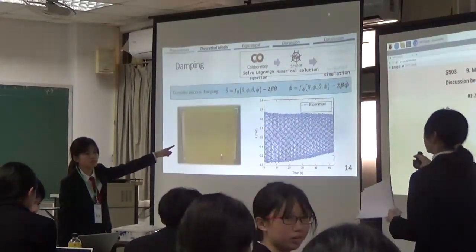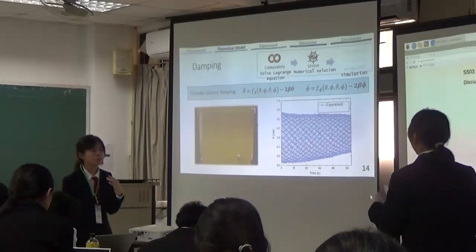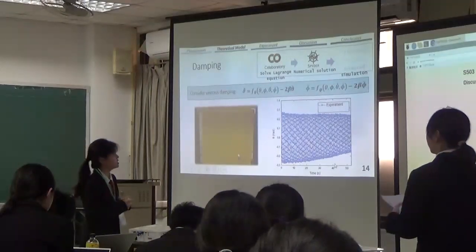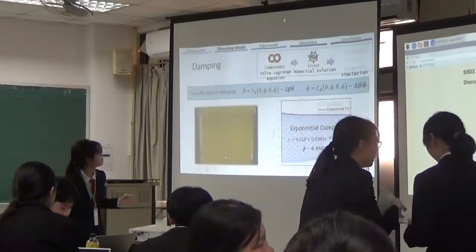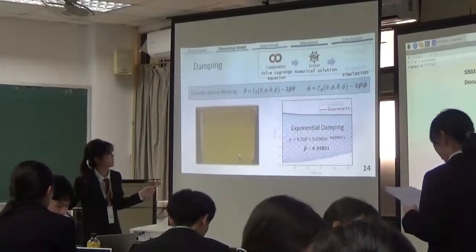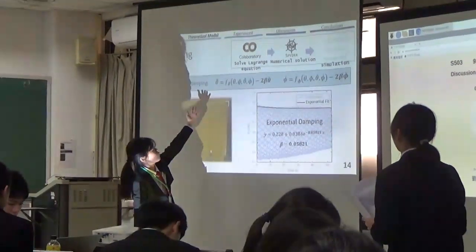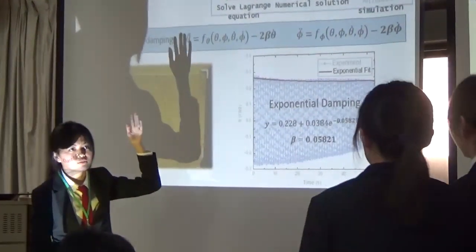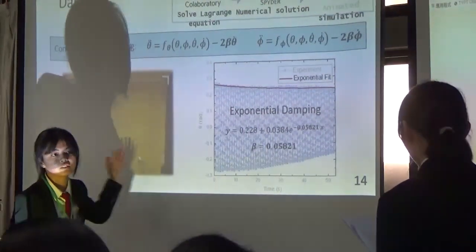So could you please explain this again? Because you didn't show me in which conditions. We fixed it. Sorry. This is the equation that we use for explaining the damping of this pendulum.